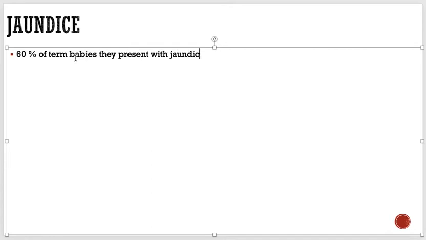So what is jaundice by definition? It is yellowish discoloration of the sclera, yellowish discoloration of the skin, yellowish discoloration of the tip of the nose, especially. So around 60% of the term babies have visible jaundice.